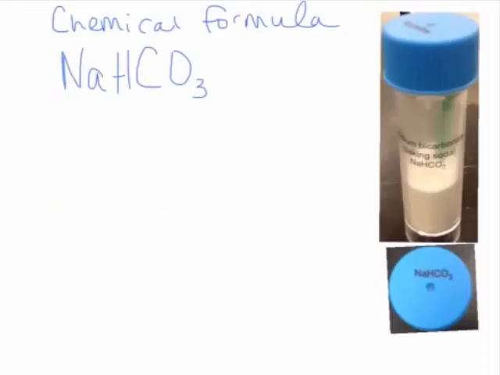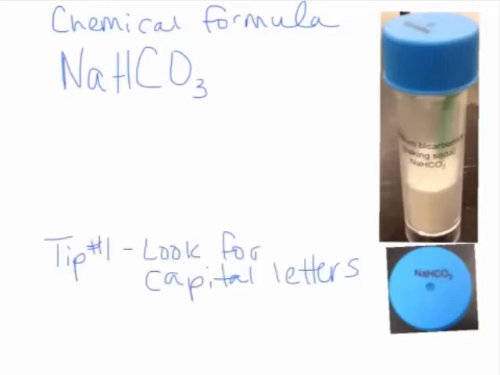So taking a closer look at the chemical formula for sodium bicarbonate, you can see that it is a combination of capital letters and lowercase letters, and in this case, a number. And so I'm going to teach you how to read this chemical formula. The first tip is to look for capital letters. So as I'm going through, I can see that there's a capital letter here with the N, with the H, the C, and the O. And so now I just need to know, what do those capital letters mean?